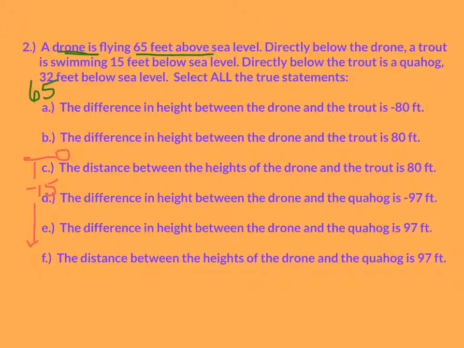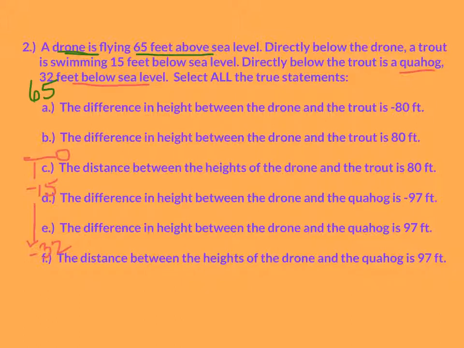Okay, now finally, below the trout is a quahog 32 feet below sea level. So be careful here, because that quahog is actually 32 feet below sea level, not 32 feet below the trout. So be careful of that.